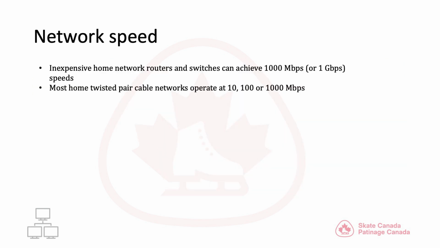I mentioned earlier that inexpensive switches and routers are available that can function at gigabit speeds. The speed of a network can be described by the amount of data that can be transferred per unit of time. Commonly, we describe these speeds in megabits per second, and most home Ethernet networks that use twisted pair cables operate at 10, 100, or 1000 megabits per second, although faster speeds are also achievable.